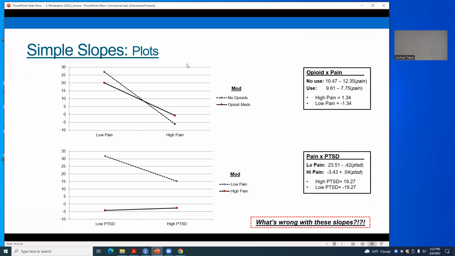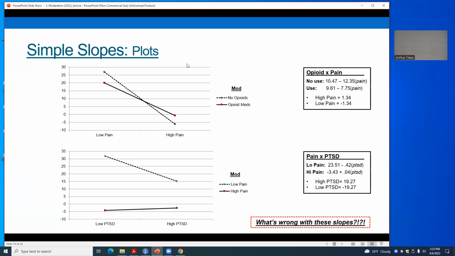We're looking at associations between our conditional effect and our outcome at high and low levels of our moderator, right? So these aren't real points. These aren't observations that are actually in our data. These are model implied points. Based on our model, this is where we would expect functioning to be for people at high and low levels. So this is the association of PTSD and role functioning at high levels of pain, but we're below the floor here. We're actually lower than what we can be, right?